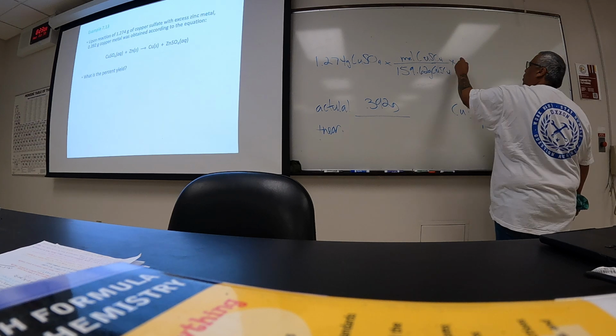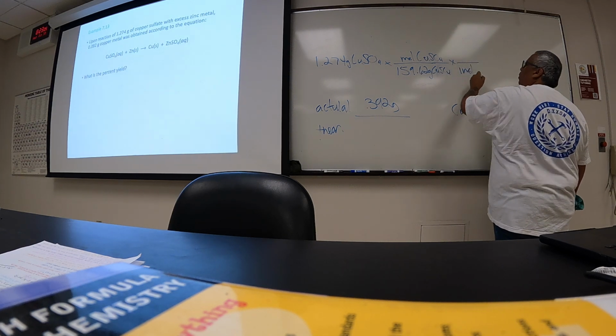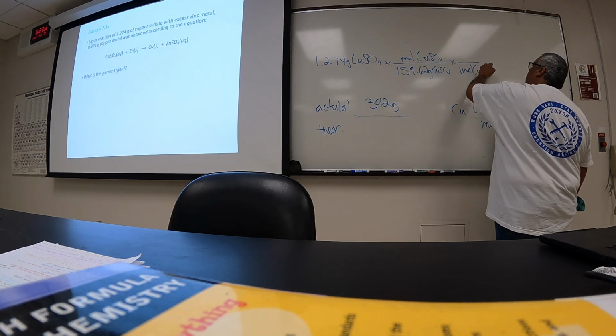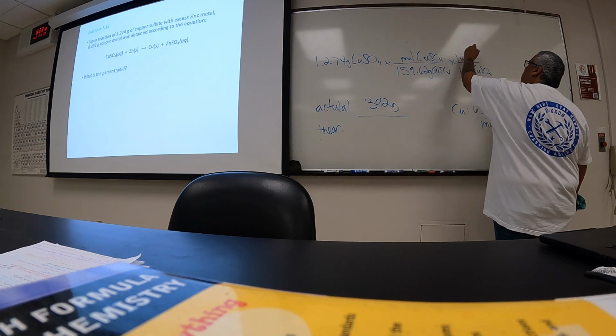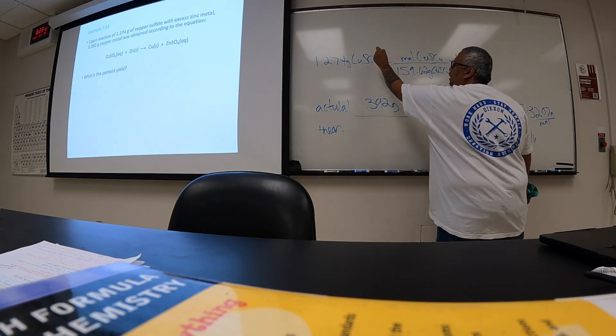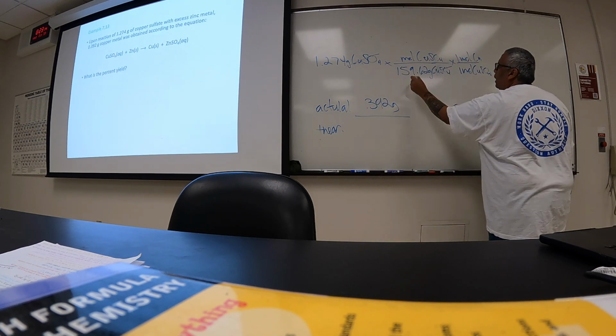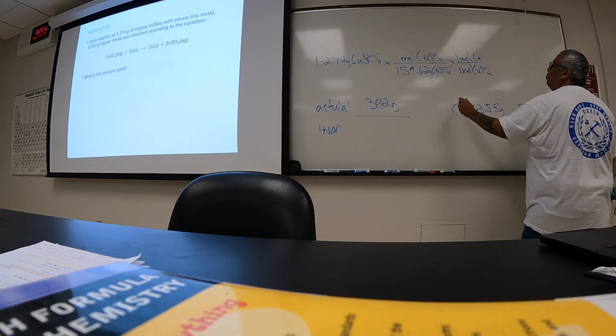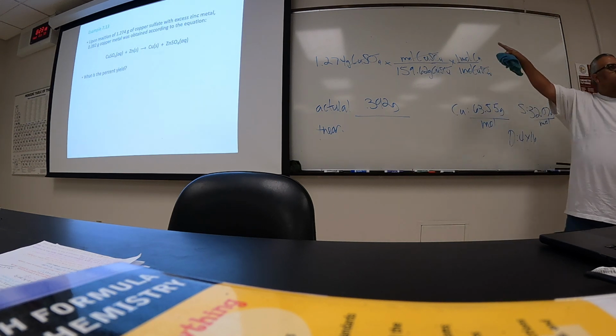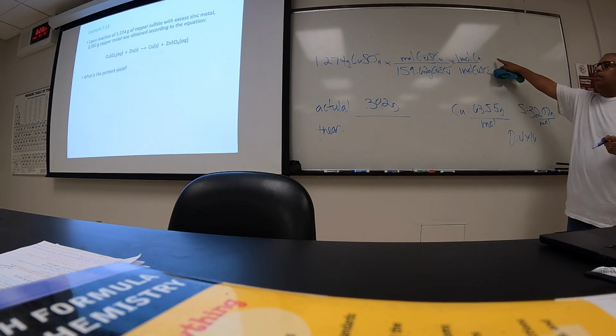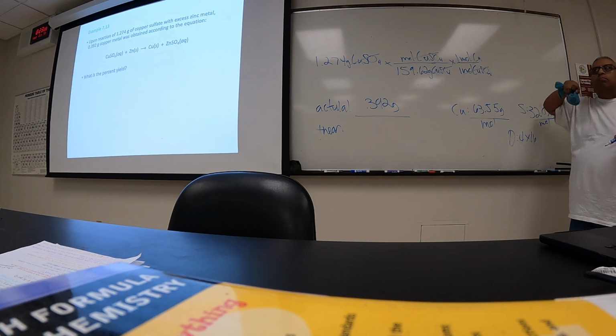For every 1 mole of copper sulfate, there's 1 mole of copper. So we can see our units begin to cancel out, and we've now converted these grams of copper sulfate simply into grams of copper.